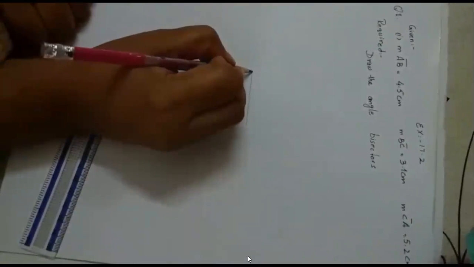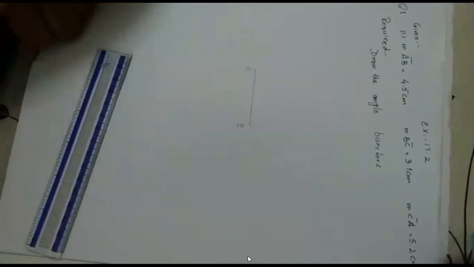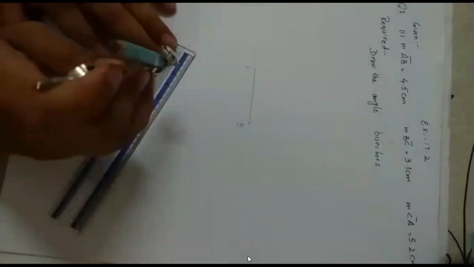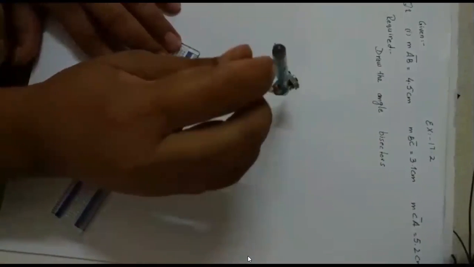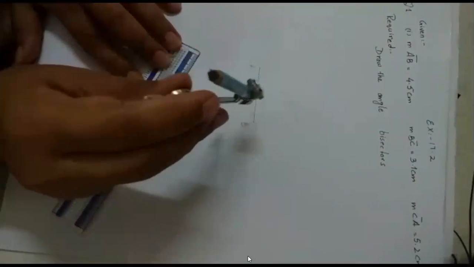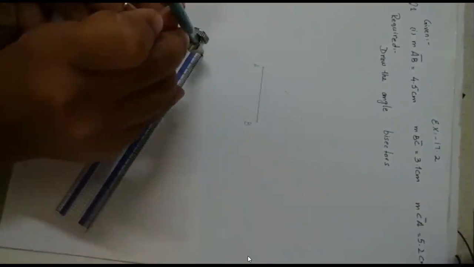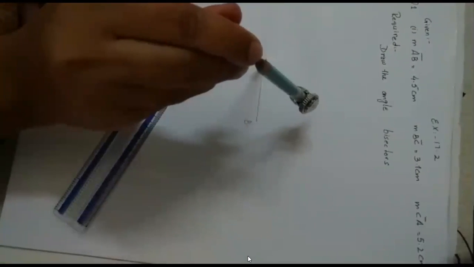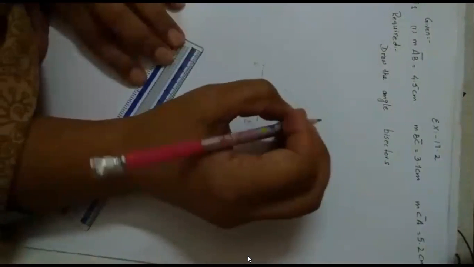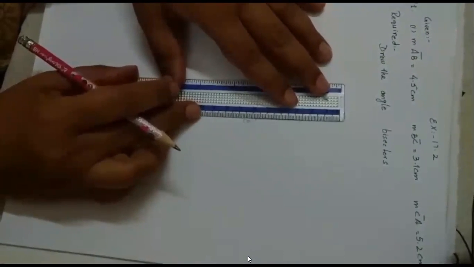This is point A and this is point B. BC is 3.1 and AC is 5.2. This is point C.